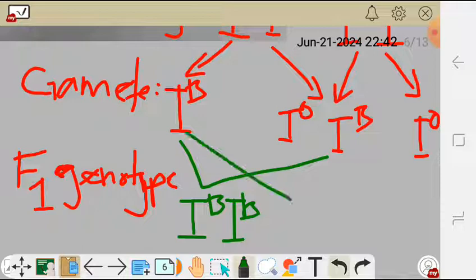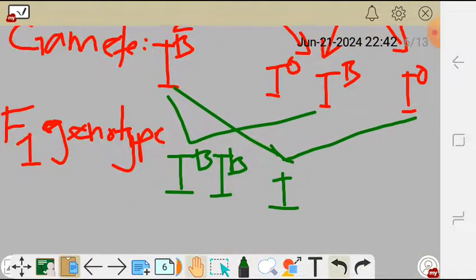Then if that one doesn't cross with that, it goes with that one, then we are going to have I^B, then I^O.